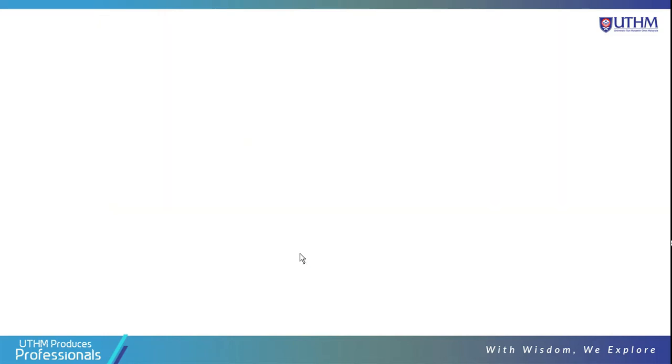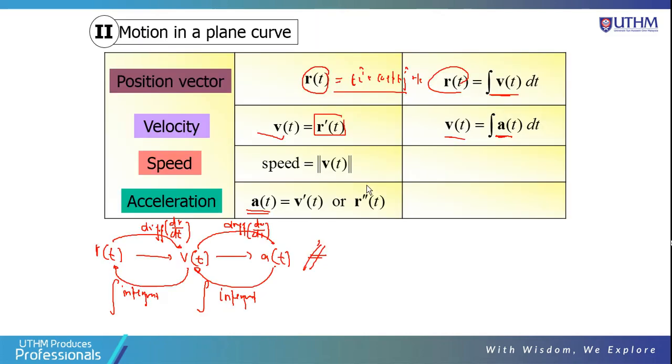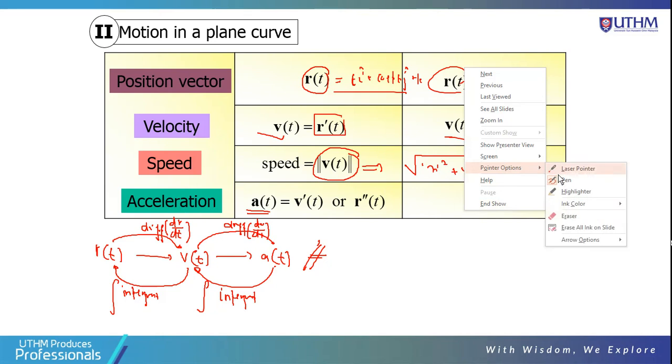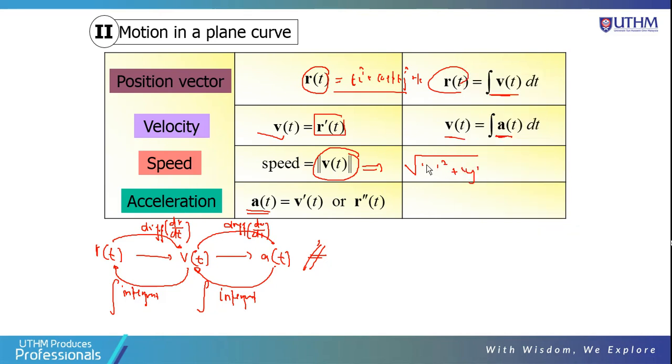Let's say we have some examples. For speed, you need the magnitude of the velocity. That means you take the x component squared plus the y component squared, and so on.